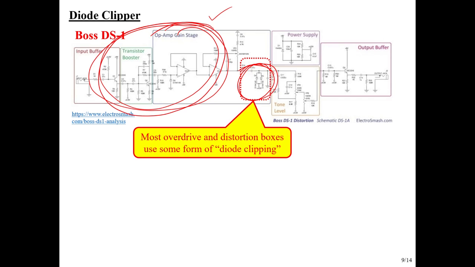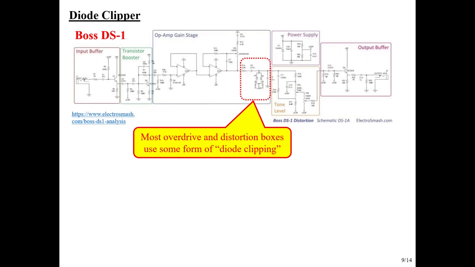Guitar signals come in at about maybe 0.2, 0.3 volts peak, something like that at most, maybe 0.4 peak. So they do have to be boosted a little bit before the clipping actually even happens. And then we've got a tone control and an output buffer.